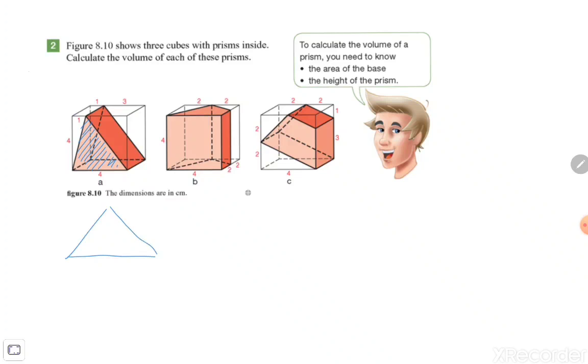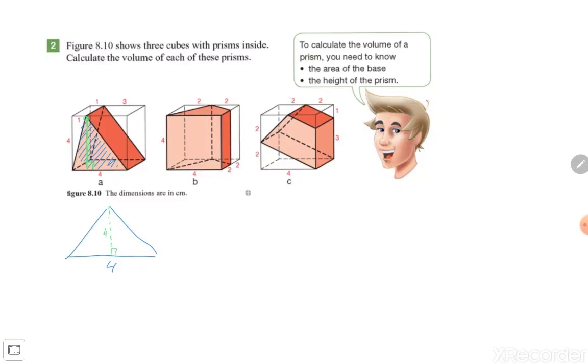It's just a sketch. Then we know that this part is 4. And to calculate the area of the triangle, we need to get the altitude of that triangle. If I make that line in the cube itself, that's also 4 centimeters.